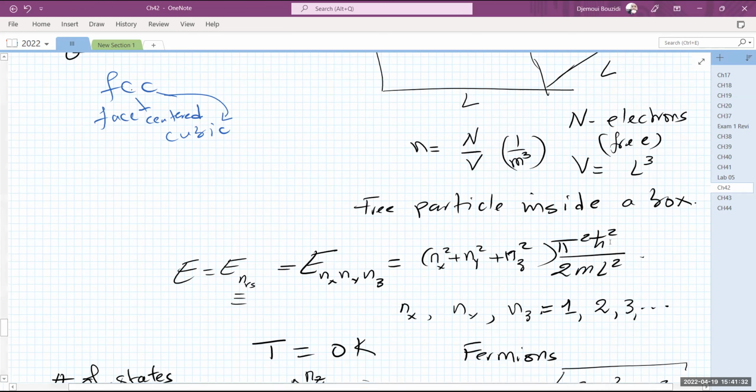When you square it, it is 10 to the negative 68. Divided by the length squared, basically the volume to the power 2/3. Okay, the volume, so it's going to decrease also with more material. That's the point I'm trying to make here.